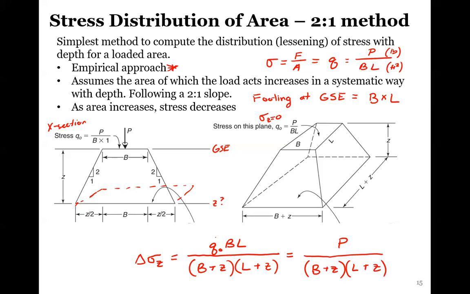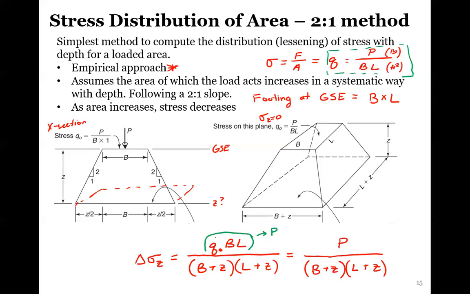Does everyone see how this right here is equal to P? This is all because of this equation here: if we multiply Q times B times L, we move this over, then we have P is equal to this.